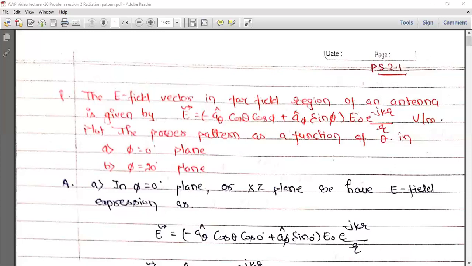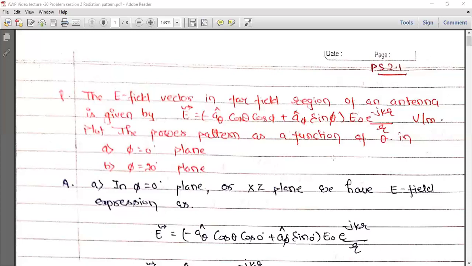So then we try to remove the dependency of this power density on r, and in our case, we do it by finding the equivalent radiation intensity to the power density. As we go through the numerical, you can see. Once we have this, the radiation intensity is free of distance. There is no effect of distance. Radiation intensity is just the power radiated per unit solid angle.